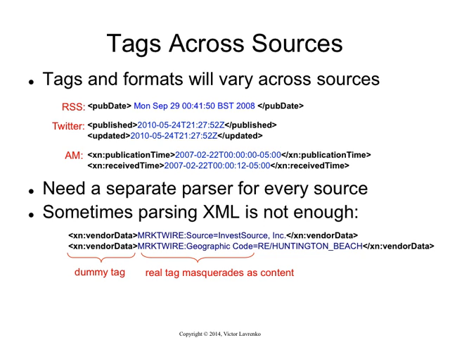This particular news aggregator wants to embed geographic codes into its content, and NewsML does not have a standard tag for geographic codes. So they cannot invent their own tag for geocodes. What they do is they take this generic tag, vendor data, and then inside it, they put strings like that.